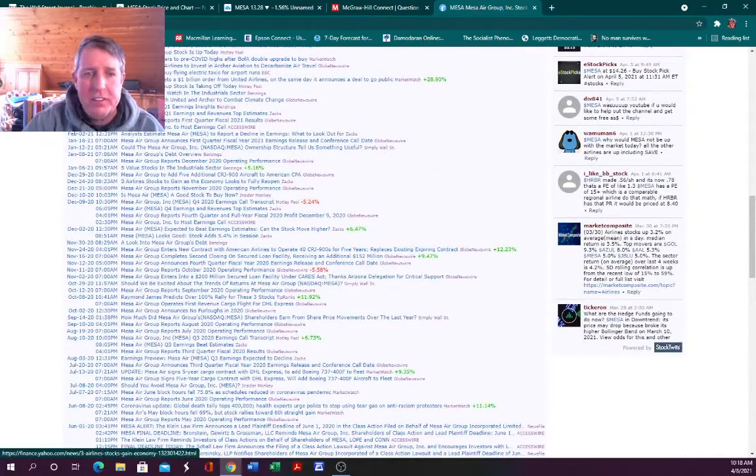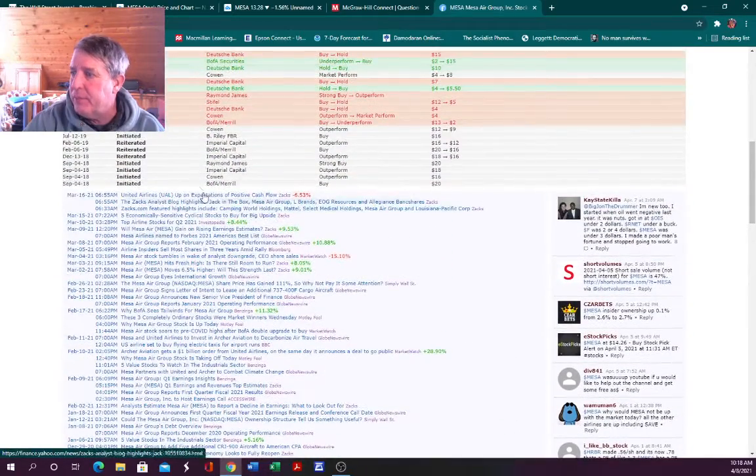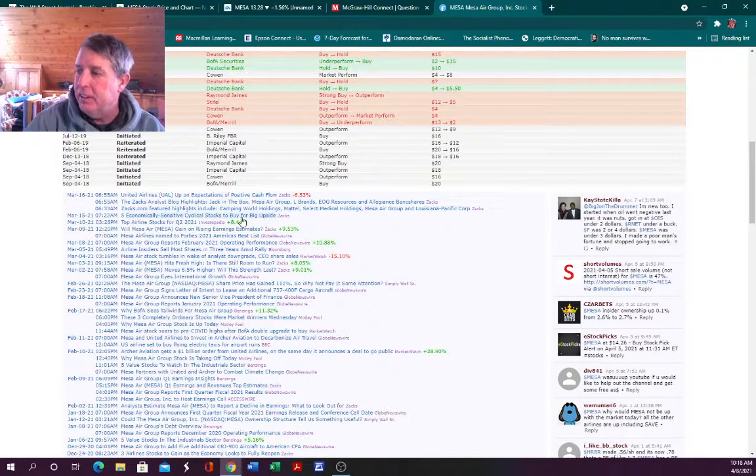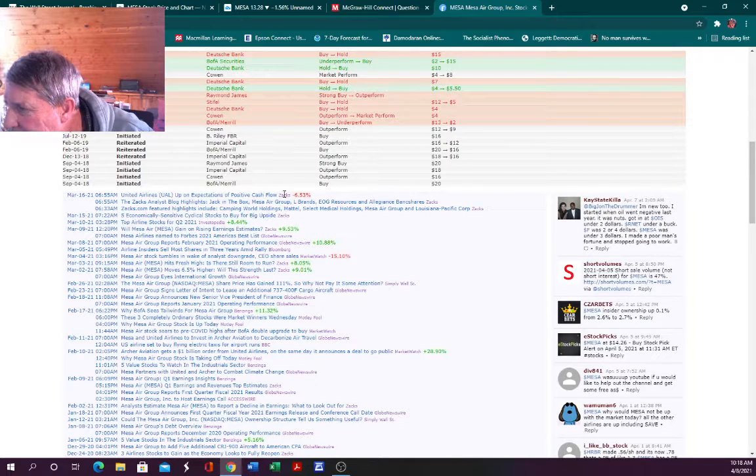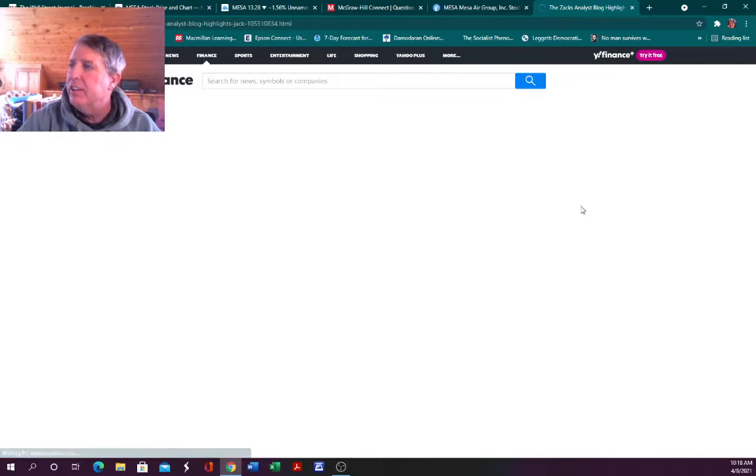And this section of this software is an algorithm that looks at all the news out there, and I don't know how many news outlets they look at, but every time the word Mesa comes up, it gleans it and puts it onto this page. So it's a giant sifter, an algorithm that just goes out and looks for every piece of news everywhere the company Mesa comes up in any literature, and you can see that Zacks blog highlights, and if you click on them, it'll come up.